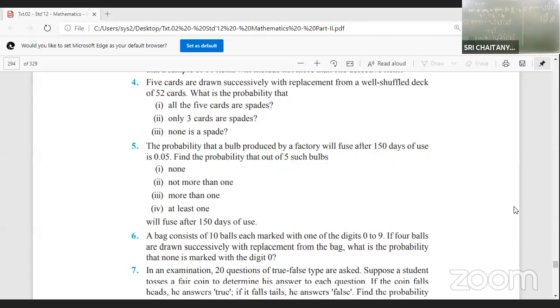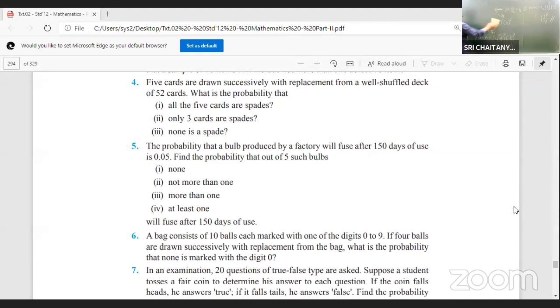What is n value? N value is not 10. How many tries are there? That is equal to n. If 4 balls are drawn, drawing a ball is a trial, so n value is equal to 4, right? Observe that one.